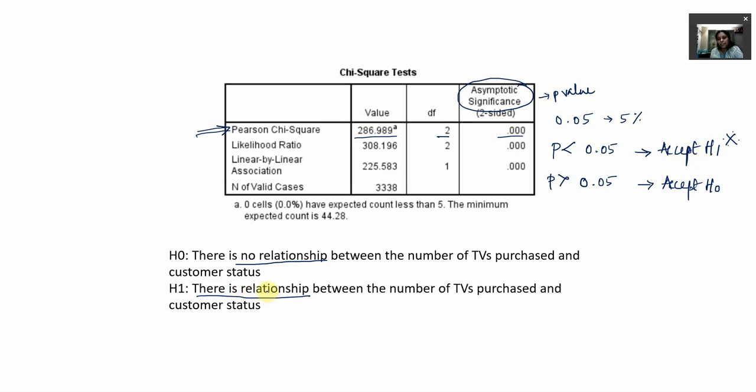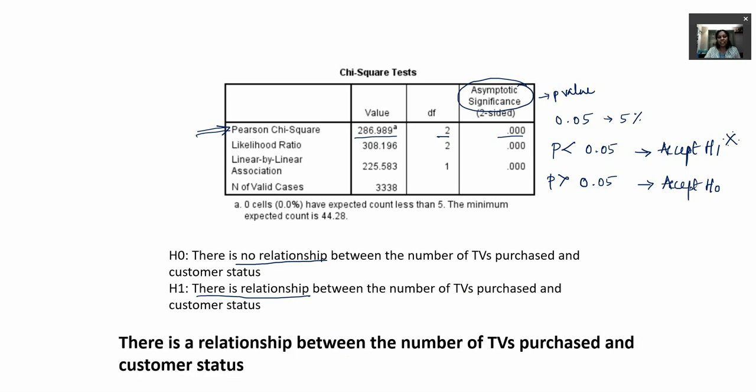That there is a relationship between the number of TVs purchased and customer status, which means that this relationship is significant. So there is a relationship between the number of TVs purchased and customer status. So the objective that we had, chi-square helps us to prove that it is significant.